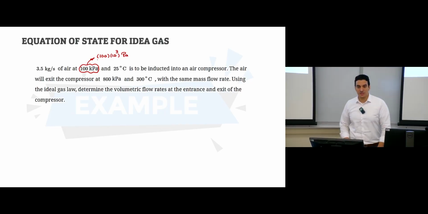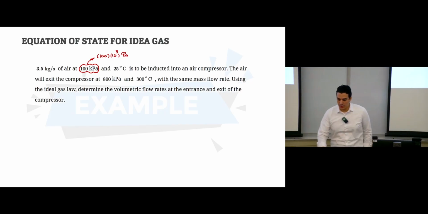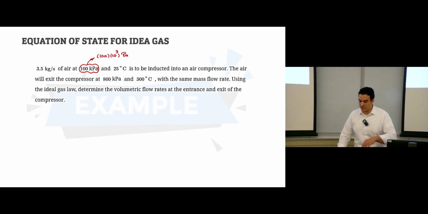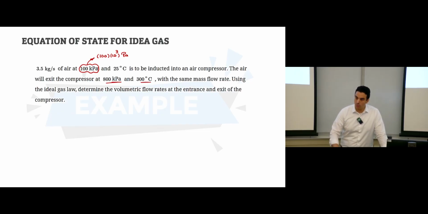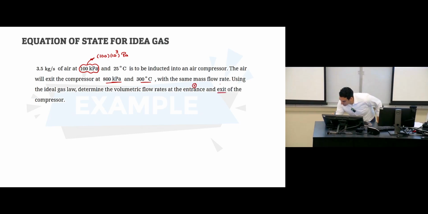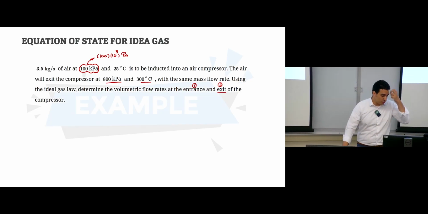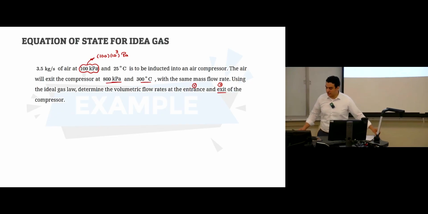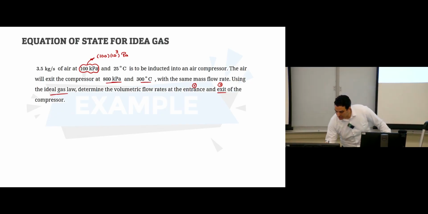At 25 degrees Celsius, we need to convert it to Kelvin. It is to be inducted into an air compressor. The air will exit the compressor at 800 kilopascal, 300 degrees Celsius with the same mass flow rate. Use ideal gas law, determine the volumetric flow rate at the entrance, this is requirement number 1, and at the exit, this is requirement number 2. So here we have two requirements. We need to calculate the volumetric flow rates, one time at the inlet, one time at the outlet. And he said clearly use the ideal gas law.